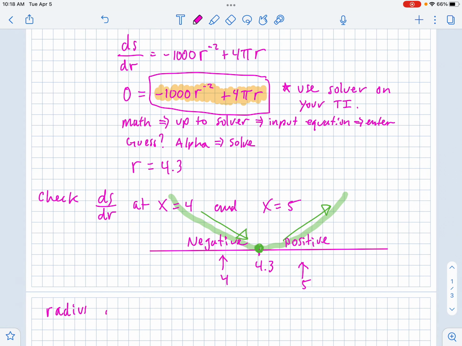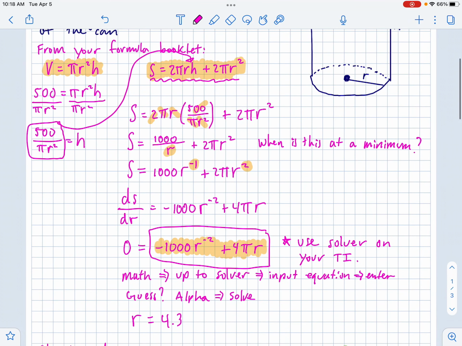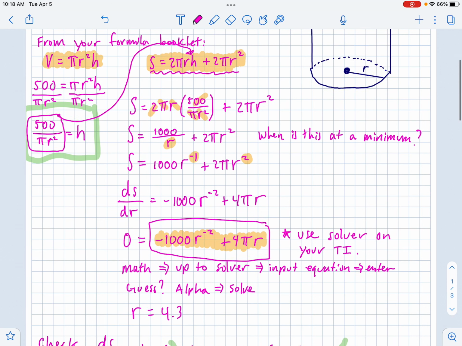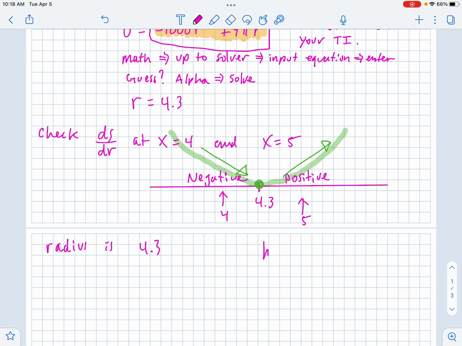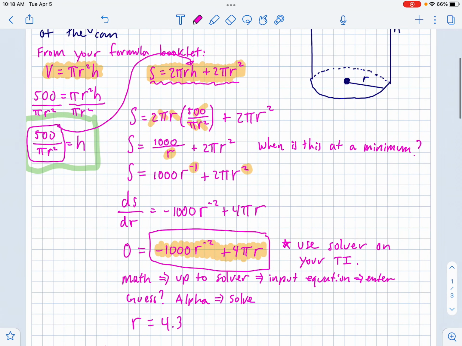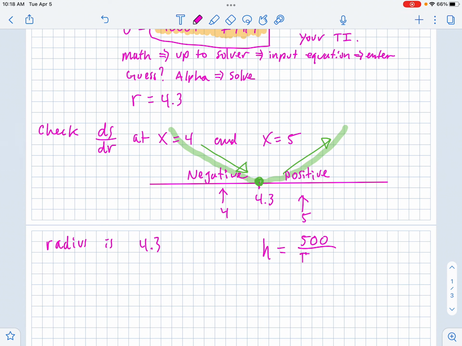So that means the radius is 4.3. And if you plug that back into this equation right here to figure out what the height is, height is equal to 500 over, what was it?